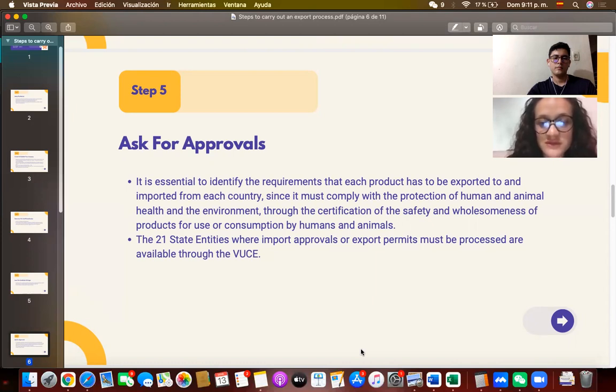So the certification of the safety and wholesomeness of products for use or consumption by humans and animals. The 21 state entities where import approvals or export permits must be processed are applied to the bill.